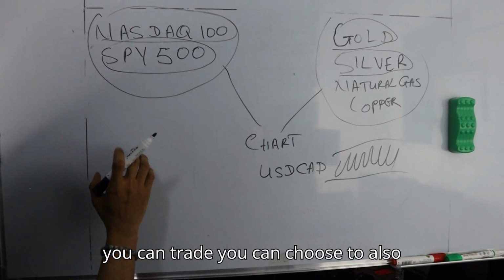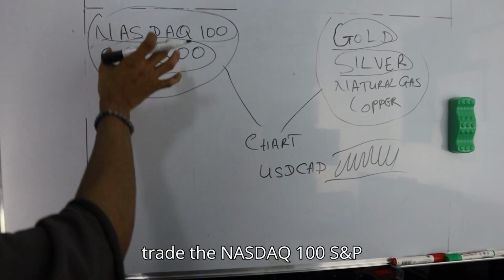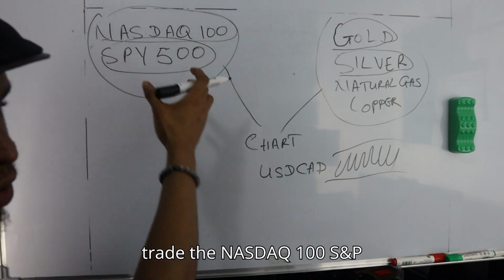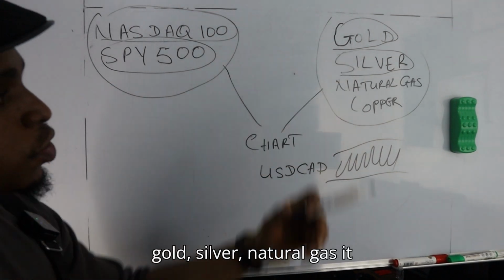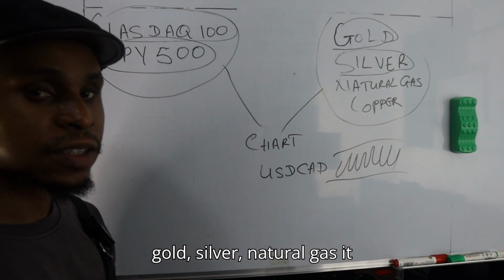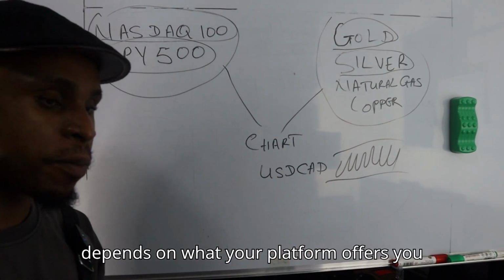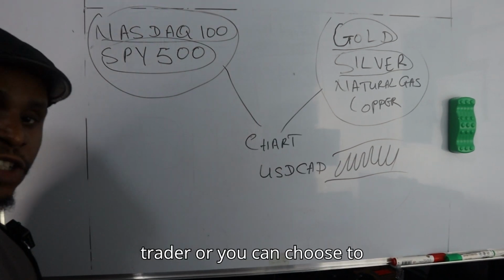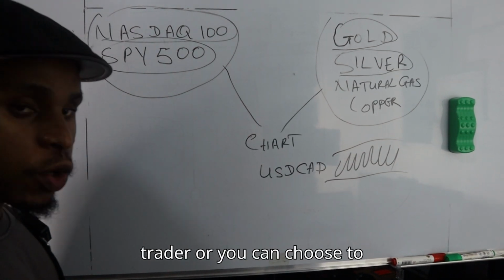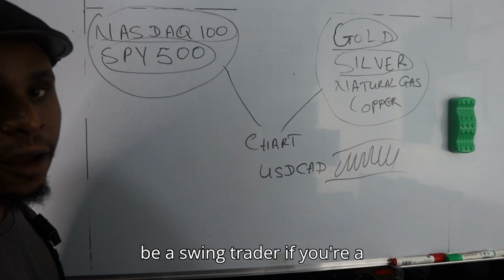All right. So you can choose to trade the Nasdaq 100, S&P 500, or you can choose to trade gold, silver, natural gas. It depends on what your platform offers you. You can choose to be a day trader, or you can choose to be a swing trader.